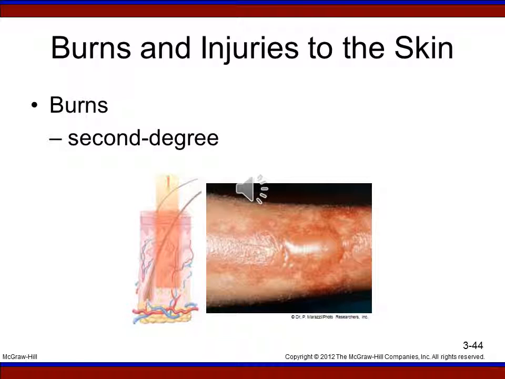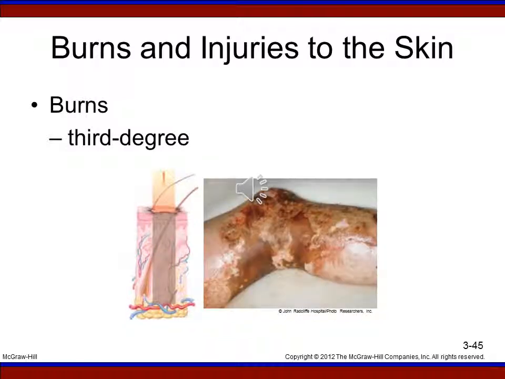First-degree burns, right, were superficial. Second-degree burns, partial thickness, because it's affecting 2 layers, the epidermis and dermis. Now, a second-degree burn requires medical attention and it may produce scarring. What are some signs of a second-degree burn? It will be redness, blisters like here in this picture, as well as severe pain.